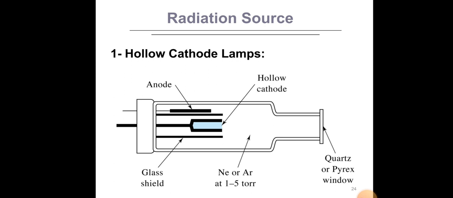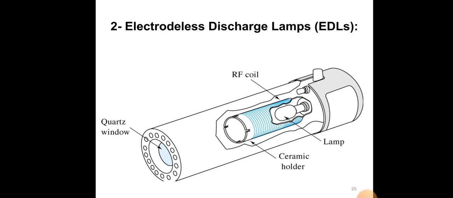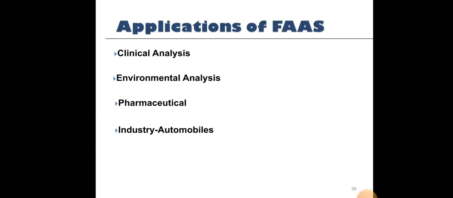This is the lamp that is used in this method. We have already explained this type of lamp that is called a hollow cathode lamp. Sometimes this type of lamp also is used, that is EDL lamp. We have already explained this type of lamp for you. Here you can see some of the applications of flame atomic absorption spectroscopy.